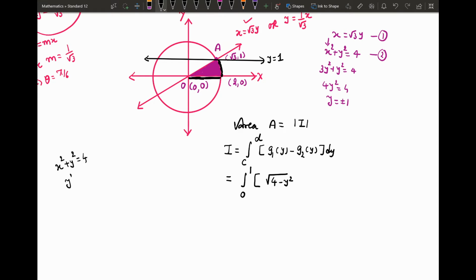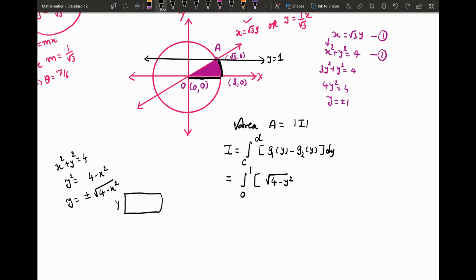So y equal to plus minus square root of 4 minus x square. In the first quadrant we will take the positive square root. So when we use this, we will get the entire area.